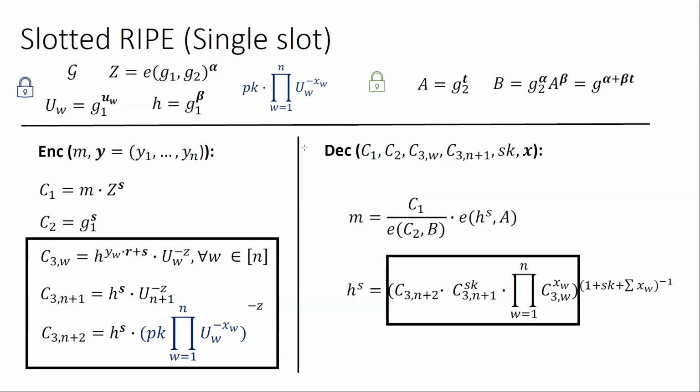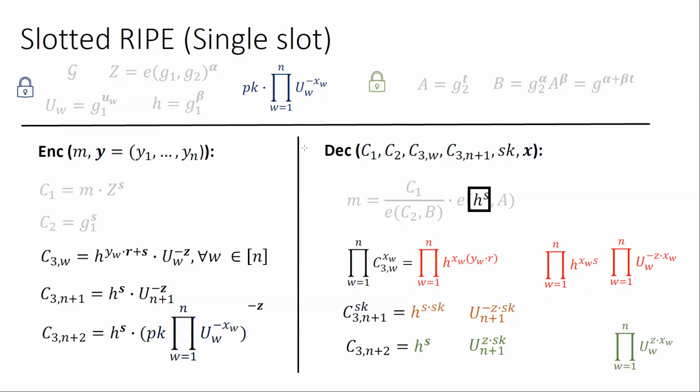So why do we need this? Essentially, here we are raising this term to the secret key, and this term to all the components of X. If you decompose this, we can see that all the terms cancel out.